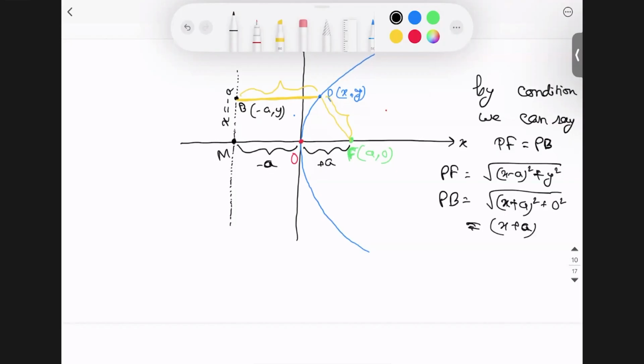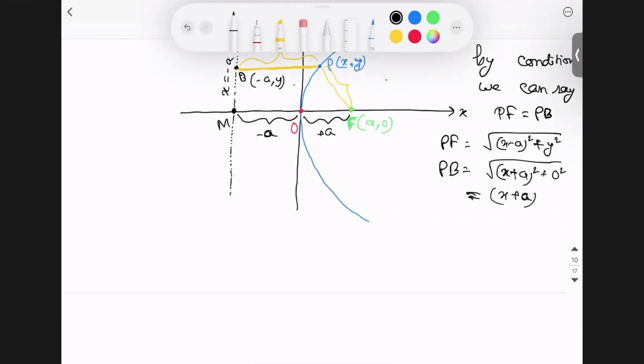Fine. Now, according to the condition, we have PF equals PB. So this implies the square root of (x minus a) whole square plus y square is equal to x plus a. Just putting square on both sides.